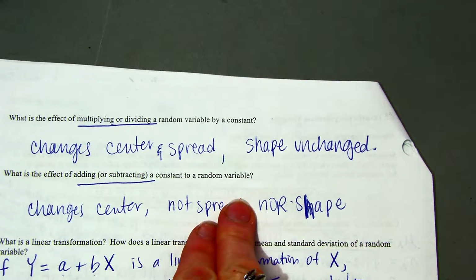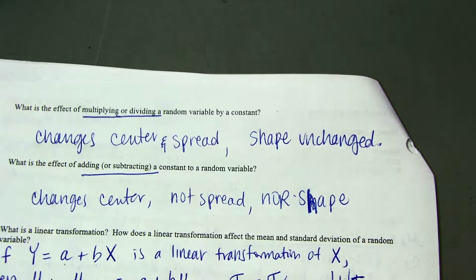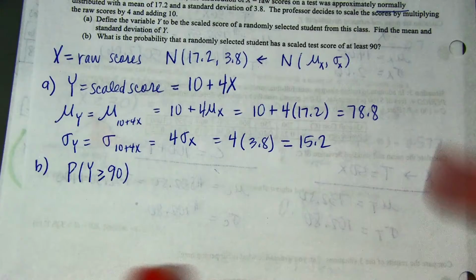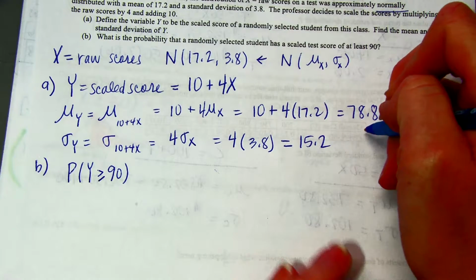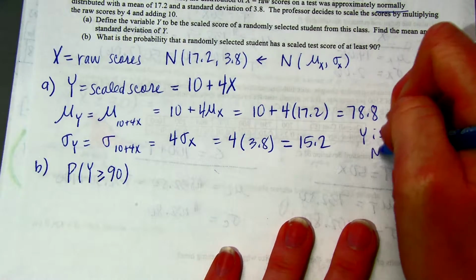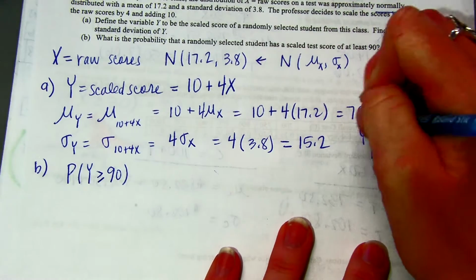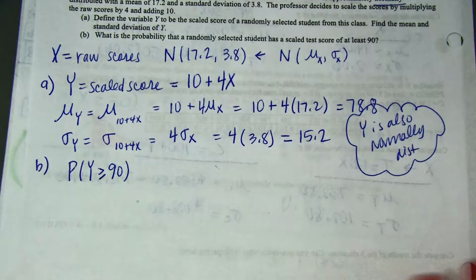If I started with the normal distribution and I transform some stuff, I still get a normal distribution. So you might want to just make a note about that. y is also normally distributed. And the reason for that is because we just had a linear transformation of a normal distribution.